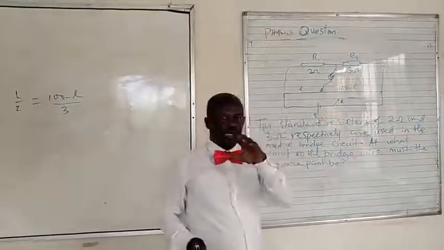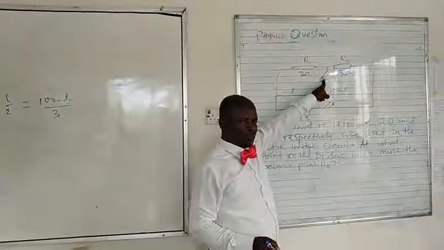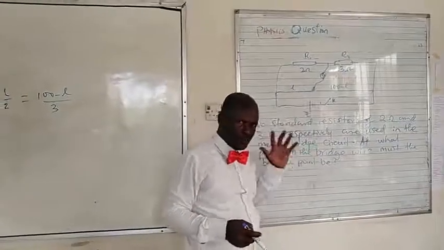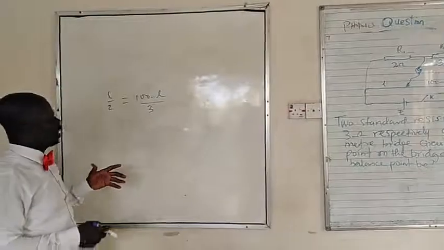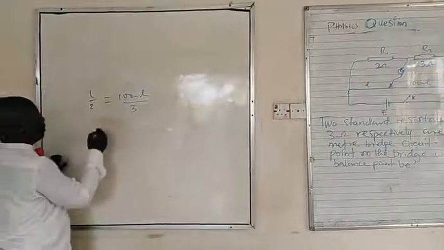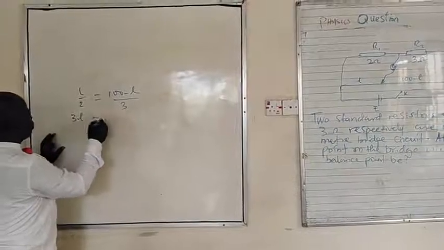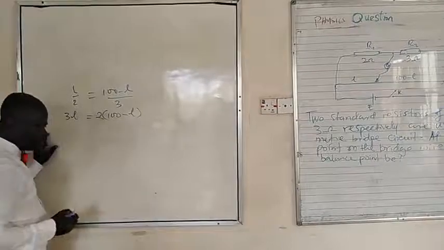The application is that at null point there should be no current in the galvanometer. That means the bridge is balanced. That is an accurate means of measuring resistance. Now you cross multiply this. Once you cross multiply, you have 3L is equal to 2 into 100 minus L.